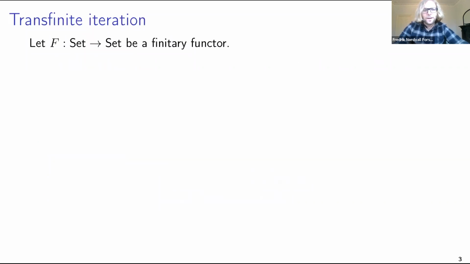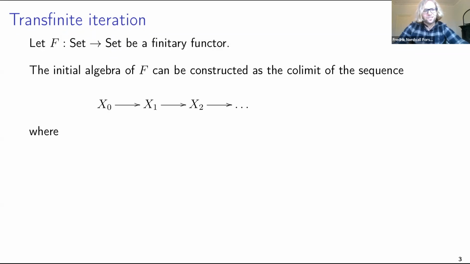So the first one is one of my favorites because I like initial algebras. So if you have a finitary functor, let's just say on Set to be simple. So finitary here basically means that if you give the functor a finite set, then you get a finite set out again. Right? Then you can construct the initial algebra of F by taking the colimit of a certain sequence. So you start with the empty set, so that's your X0.